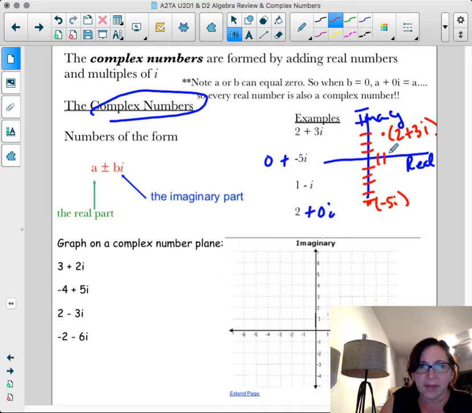Okay, 1 minus i, so over 1, down 1i, so that would be 1 minus i. Put that in parentheses. And then 2, just value right here at 2.